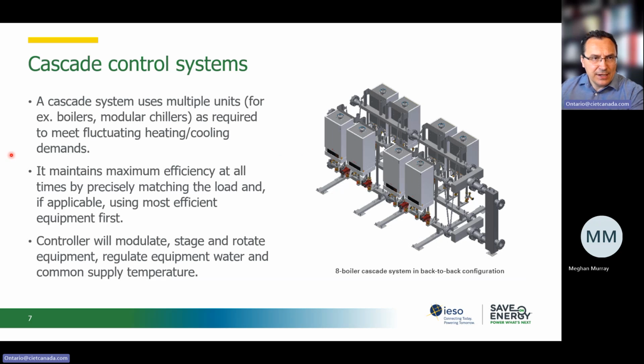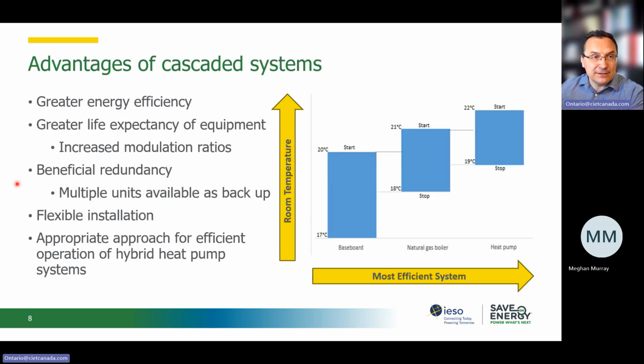So in this case, we maximize the system by matching the load required for the space with the most efficient equipment. This example shows the same type of equipment, 8 boilers, but we can mix different types of equipment, like in this example, mixing a baseboard heating with a natural gas boiler system and a heat pump.